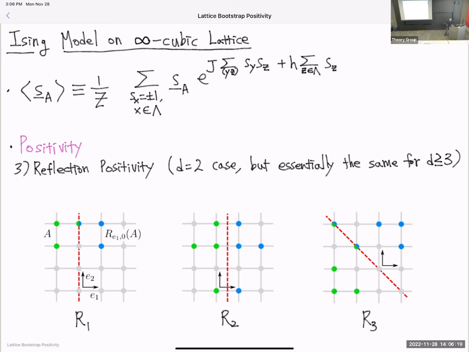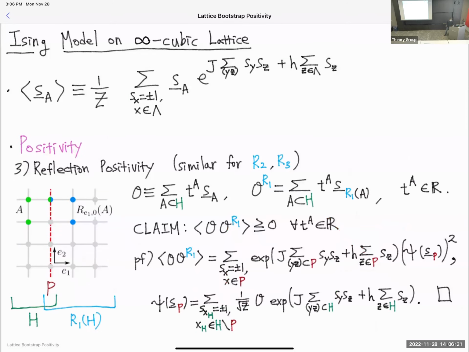So what is positive about these reflections? Well, it's something natural to write down. Here, I'm going to tell you the story only for the first reflection. The story for the second and third reflections is essentially similar.